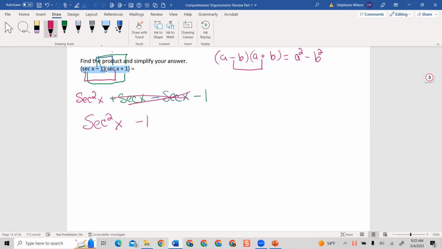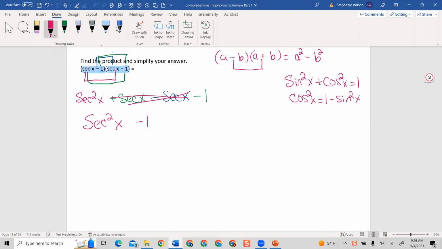So if we go to our identity rules that we got, we know our Pythagorean identities for this trig. I'm just going to write it down as a refresher for you. So if I was to solve for that cosine squared, this is what I'd get.